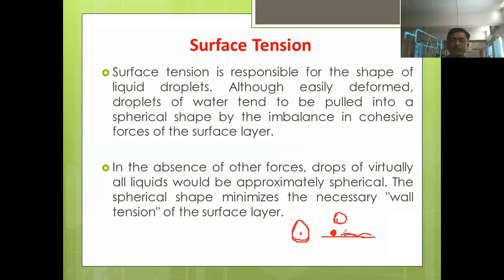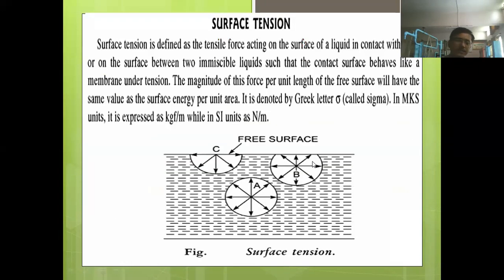You might have observed this when we put a liquid droplet, and the question might come to your mind why it is not spherical in shape. The reason behind this is gravity force, which is acting on the liquid droplets, and because of that, it does not remain spherical. So this point we have discussed in the previous lecture, and then we have seen the definition and the reason behind surface tension.